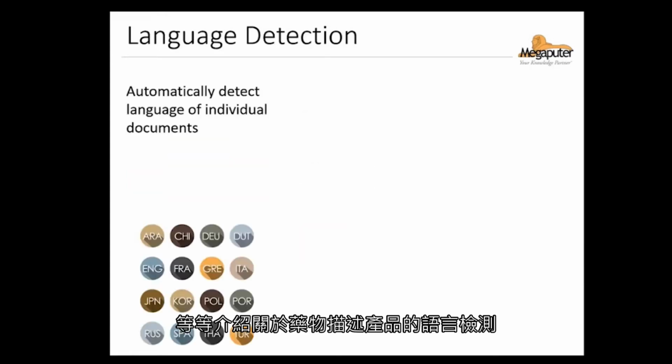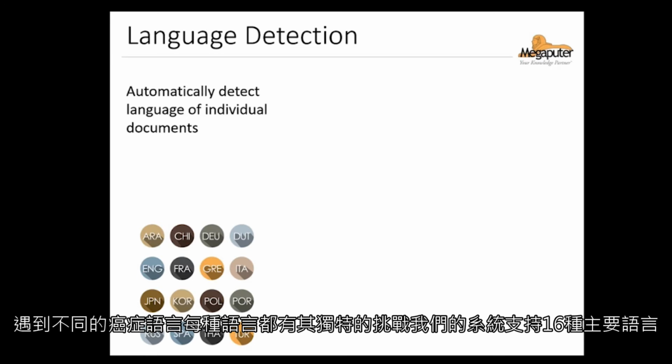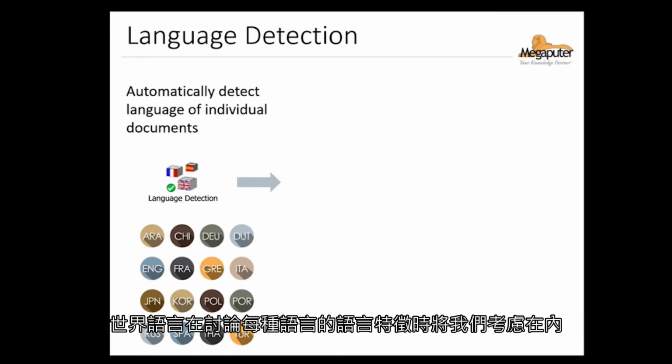After data loading, the next part is language detection. For medicinal products, it's quite common that we encounter different kinds of languages. Each language has its own unique challenges. Our system supports 16 major world languages, taking the linguistic features of each of them into account.